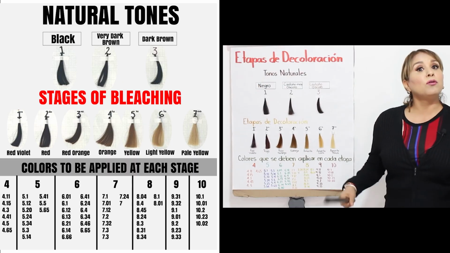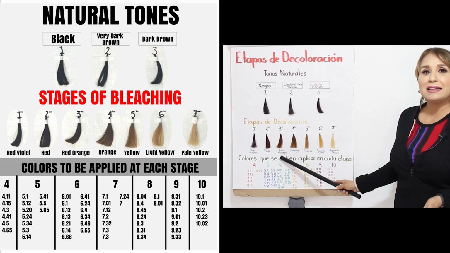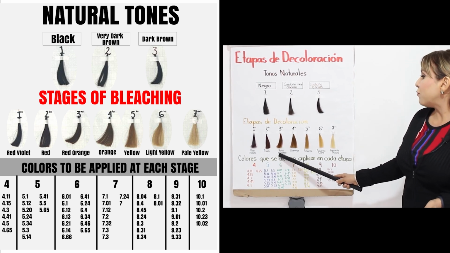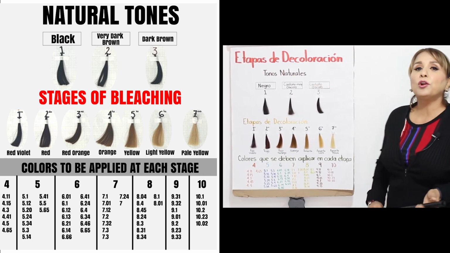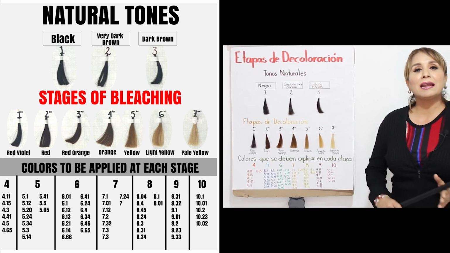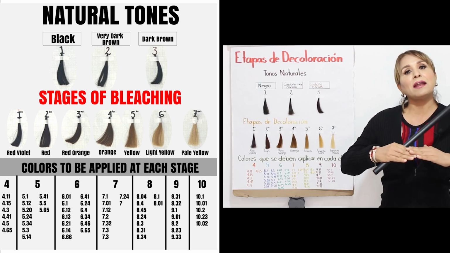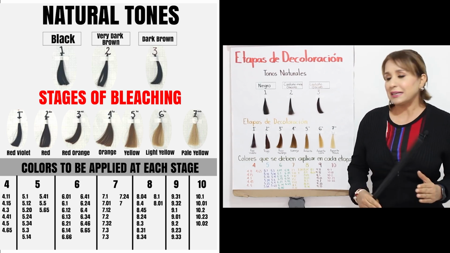If I want a lighter red, then I move on to the third stage, where it already gives me a red orange lightening background. Here I can apply both reds and coppers and they give me a lighter tone.